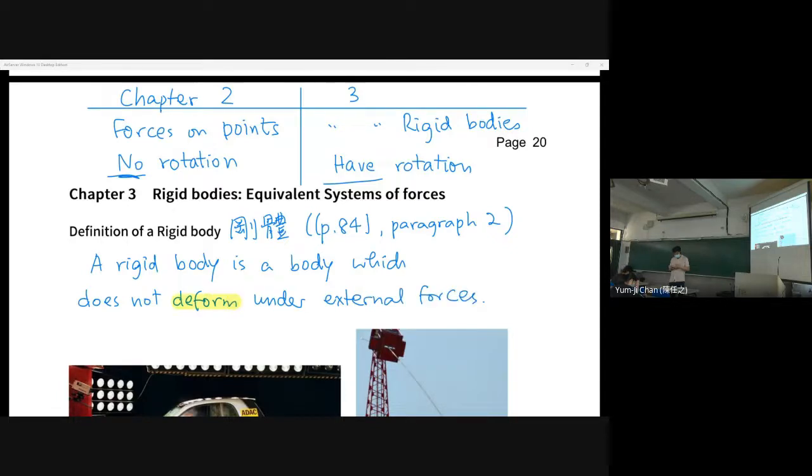Deform means this one. So I'll write it down and I will make some remarks afterwards.